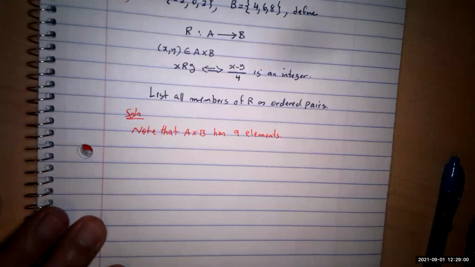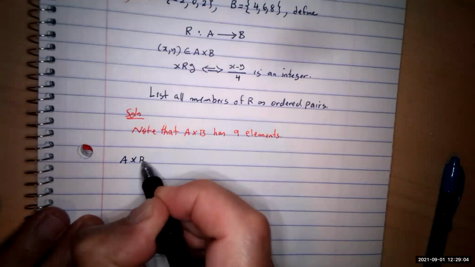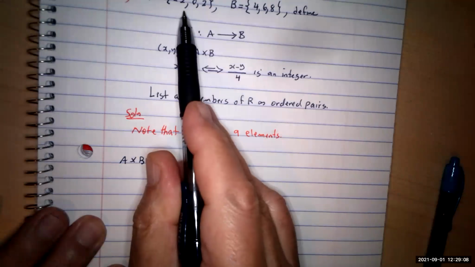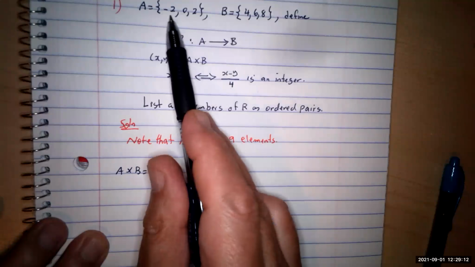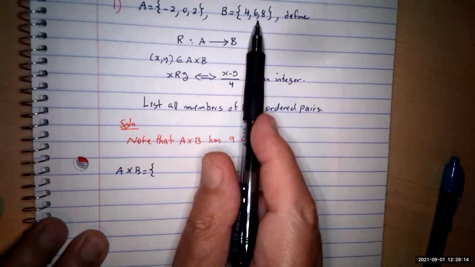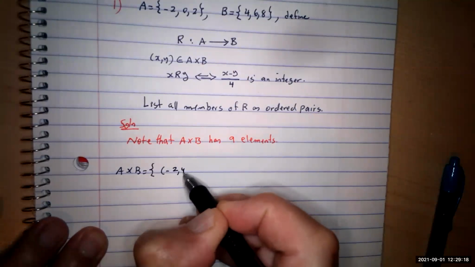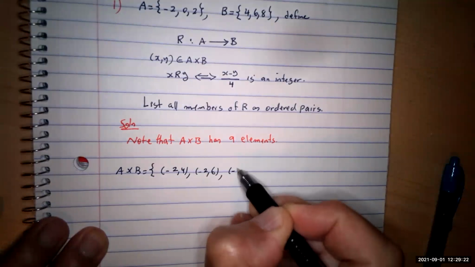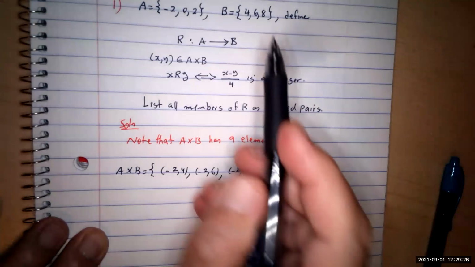A cross B is equal to ordered pairs. We're going to match each member of A to B. So -2, 4; -2, 6; -2, 8. Then you come back and pick the 0.